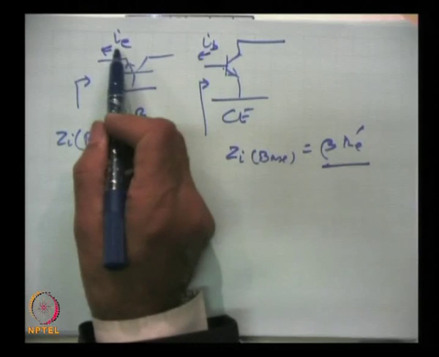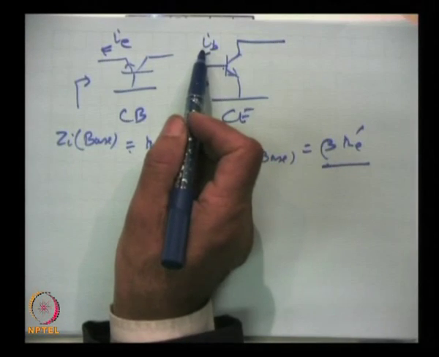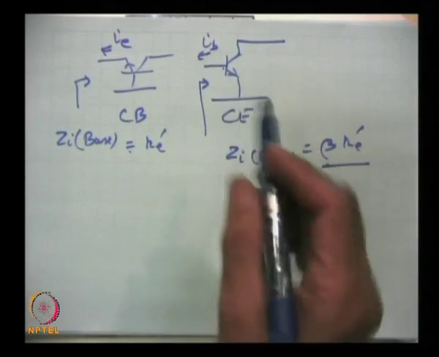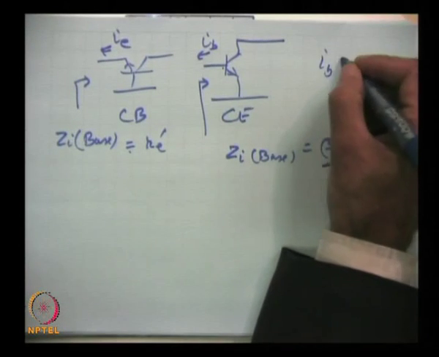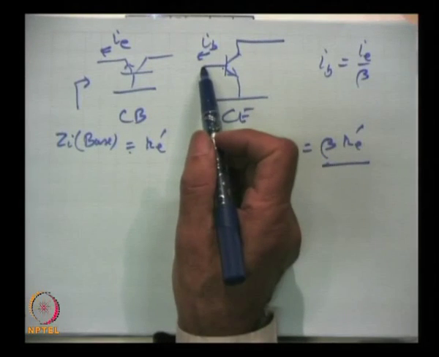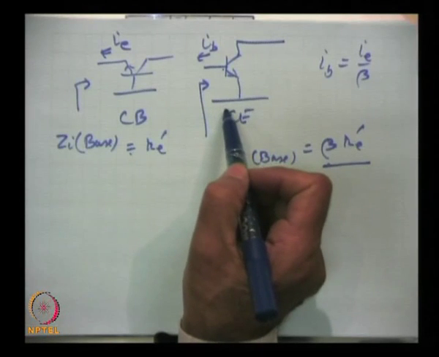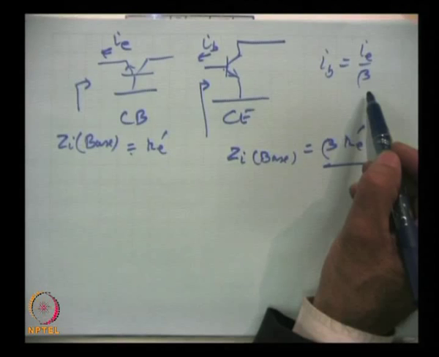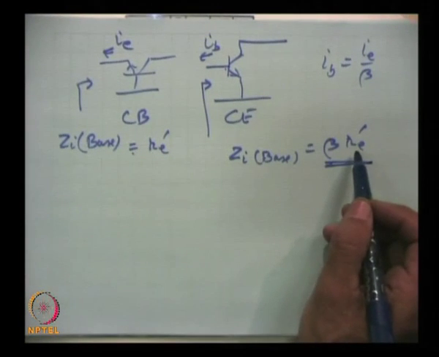Now, I e is beta times higher than I b, or in other words I b is equal to I e by beta. So, this is much less current, hence the impedance is high, and high by how much amount? By beta times. Therefore, the impedance is beta times R e prime.